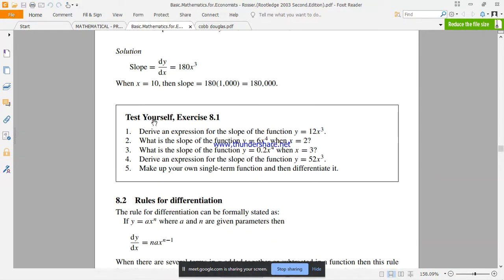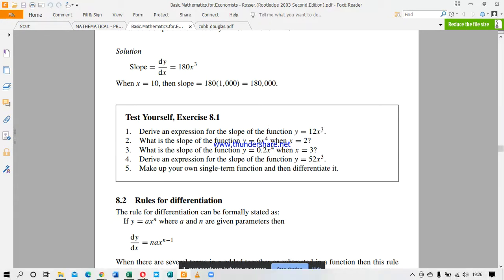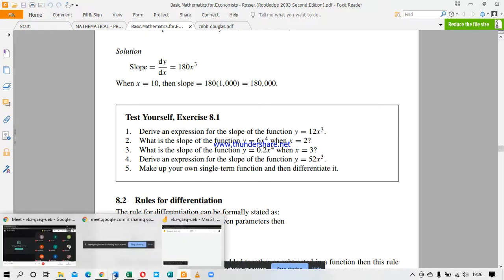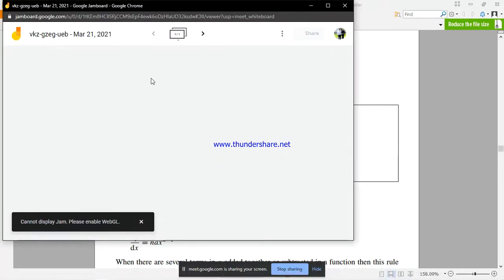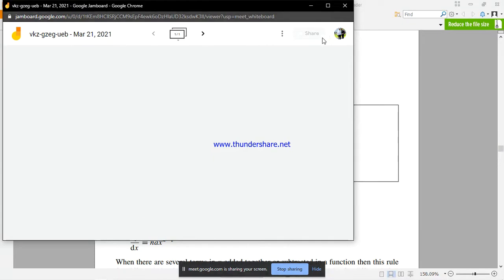So let's try to test ourselves. We're saying derive an expression for the slope of the function y equals 12x raised to the third power.